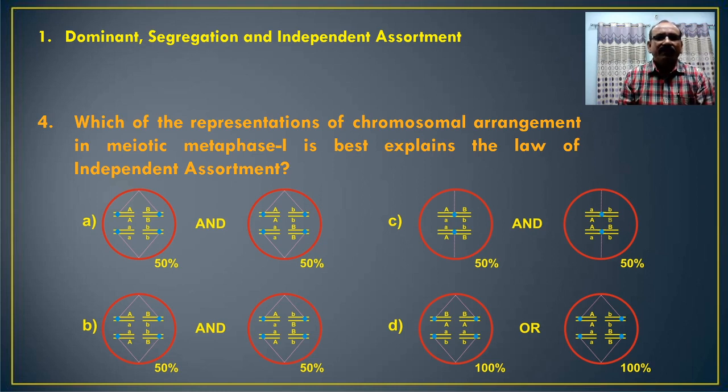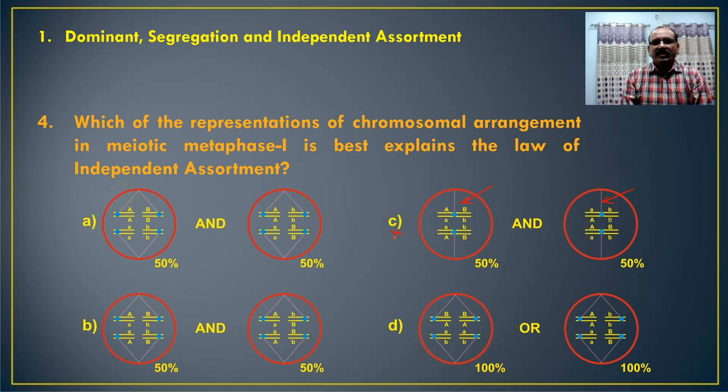Here we have different combinations in A, B, C and D. Out of that, we can easily see that in option C, A and B are on both chromosomes, and in the other diagram showing the 50% also, both the genes are present on the same chromosome. So out of the 4 options, we can easily find that option C is not the answer.